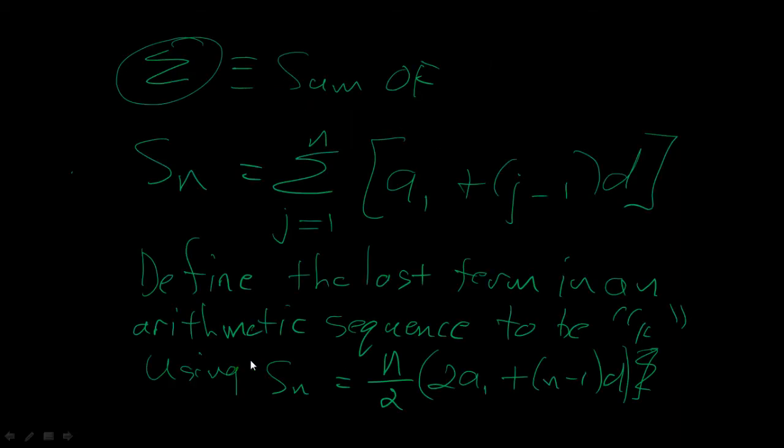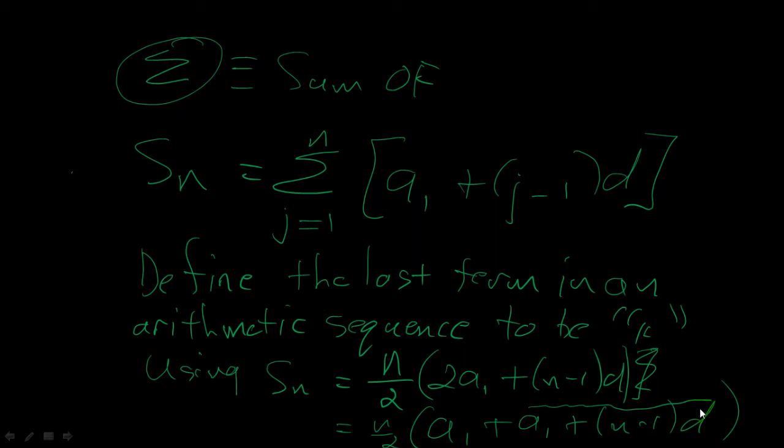If we say now that the last term in an arithmetic sequence is k, then we can write this as n over 2 multiplied by (a1 plus (n minus 1) times the common difference). Now this value here is, per definition of the arithmetic progression formula, the last term.